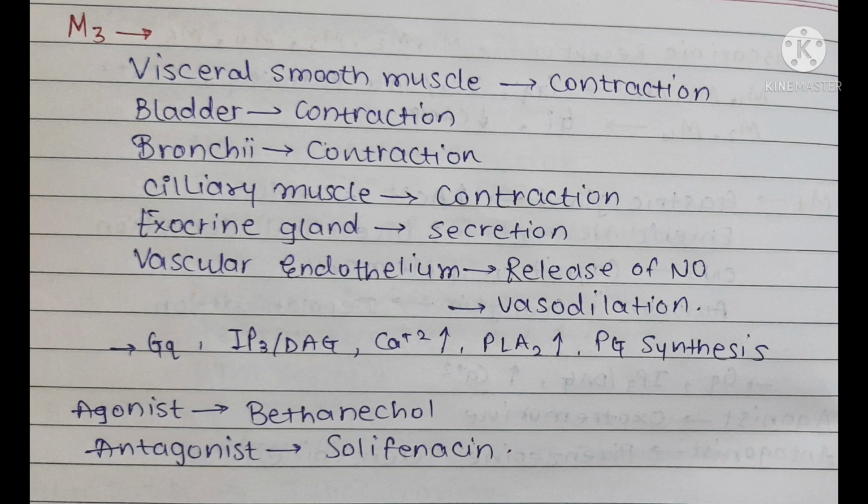The M3 receptor is Gq coupled. It works by the IP3-DAG pathway, that is by increasing the calcium ion concentration and activating phospholipase A2 and prostaglandin synthesis. Bethanechol is an agonist while solifenacin is an antagonist of the M3 receptor.